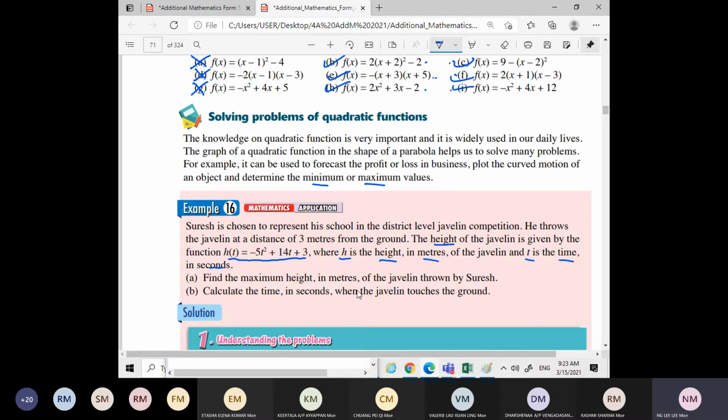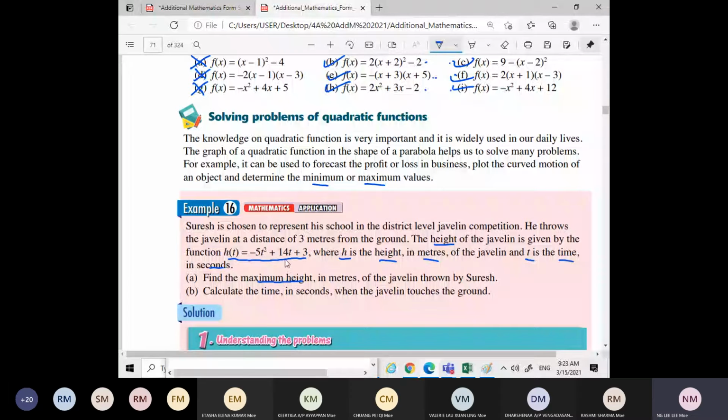Find the maximum height in meters of the javelin thrown by Suresh. So they want the maximum height. This is a quadratic function. a is -5, sad face, so you have a maximum point. So you want to find the maximum height. How to find the maximum point? How to find the vertex?